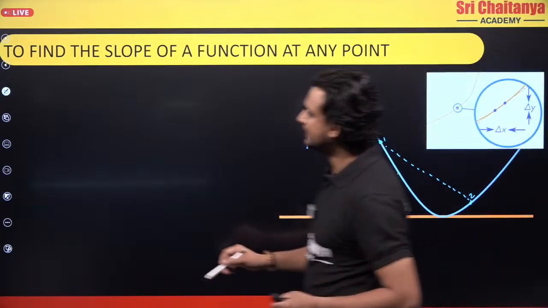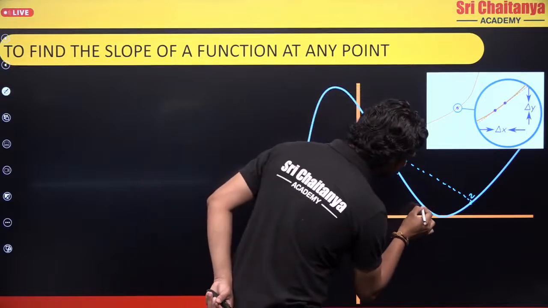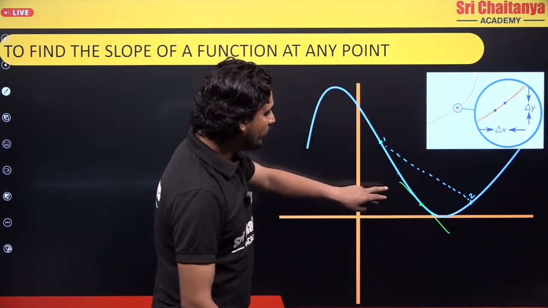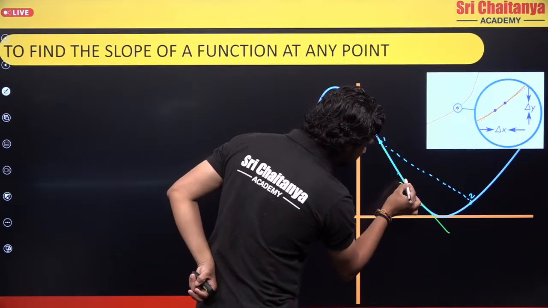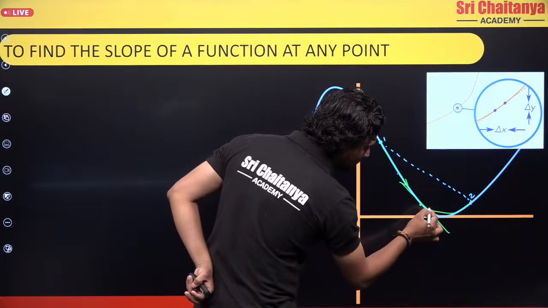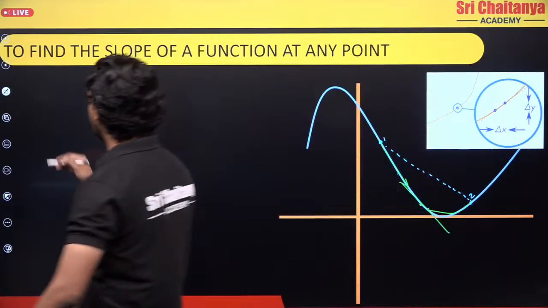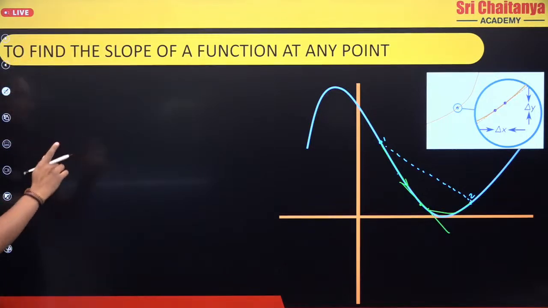What if I want to find the slope at this particular point? Then we take these 2 points very close to each other. I bring point 1 to this point, and I bring point 2 to this point. Finally, when these 2 points are very close to each other, we can find the slope at the particular point. I discussed this in the first lecture.